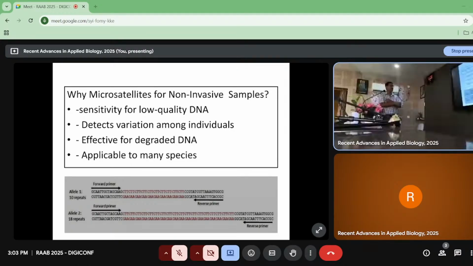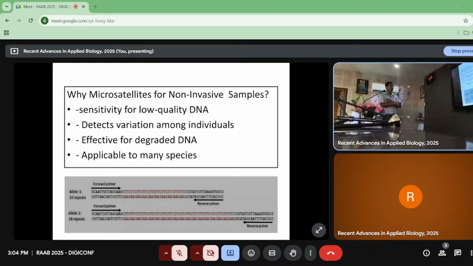In the case of microsatellites, we can sequence it because these are small fragments of DNA. You can see here in the lower portion that fragments are there, CTTT, CTTT, CTTT, like this repetition. In the first part, 10 repeats are there, and in the second part, 18 repeats are there. They are of the same species, but there are different repetitions of these microsatellites.